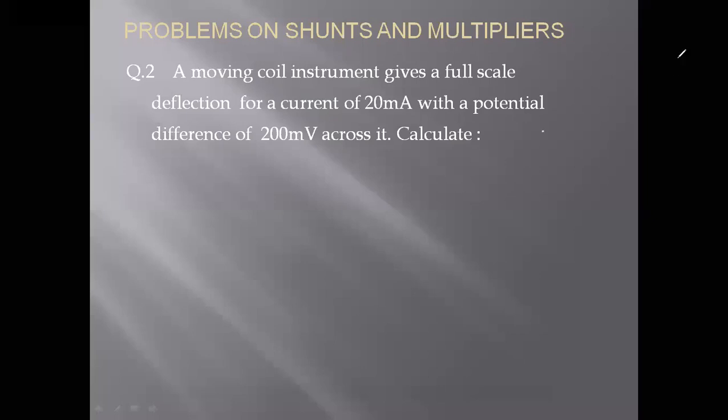Here I'm having a meter, and the meter current is 20 milliampere for full scale deflection and the voltage across the meter is 200 millivolt. So obviously the resistance of the meter Rm should be equal to V by I, that means 200 millivolt by 200 milliamperes, which is 1 ohm.